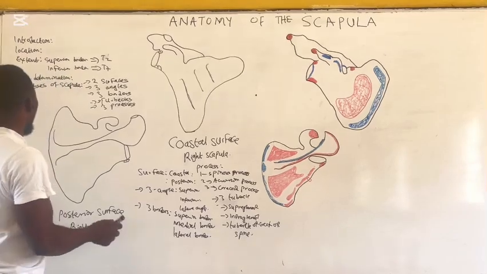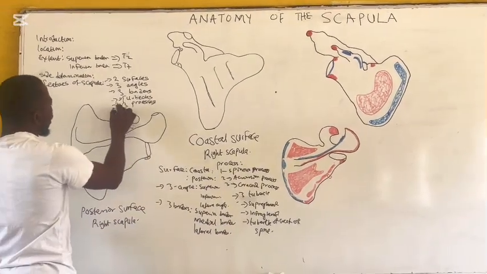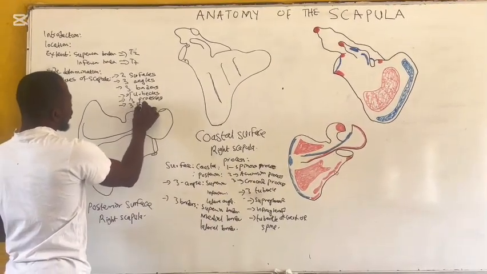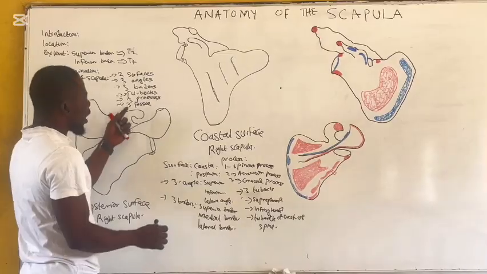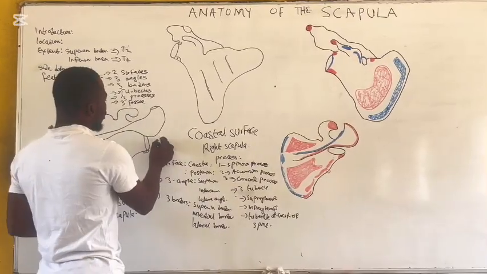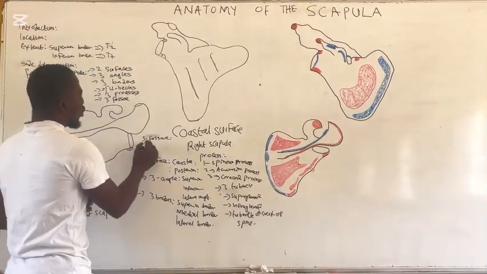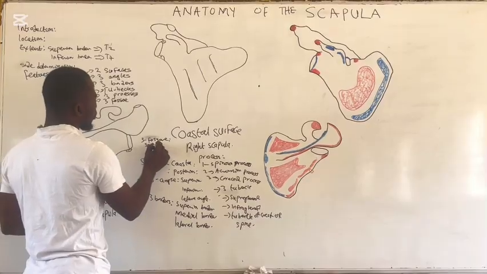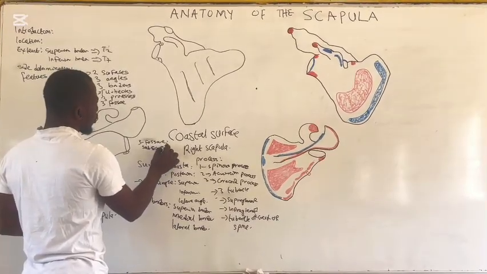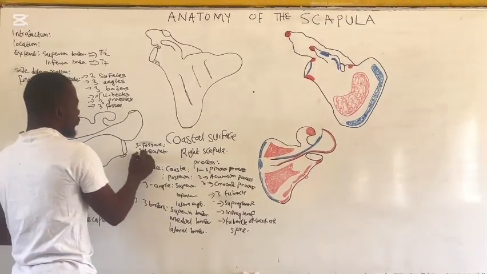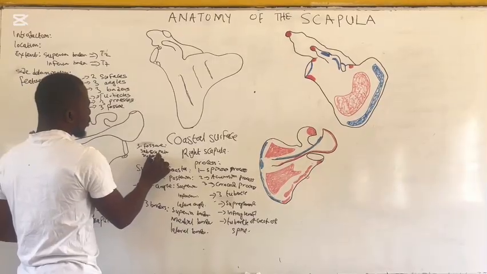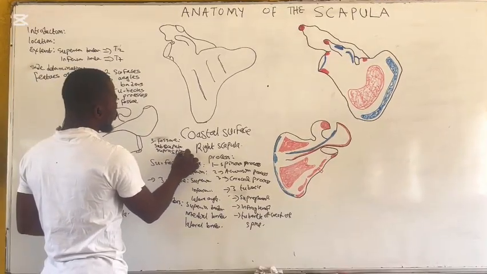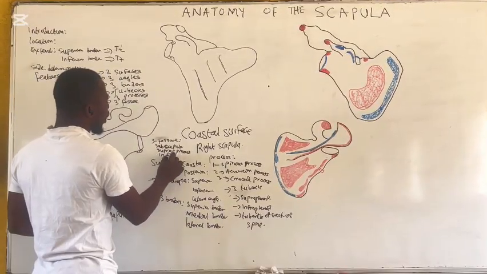Another important feature of the scapula again is the fossa. The scapula as well has three fossa. The fossa are subscapular fossa, supraspinous fossa, and infraspinous fossa.